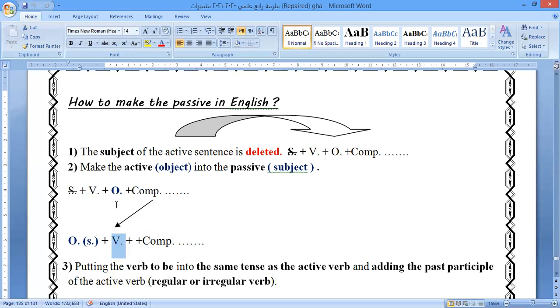I will need an auxiliary verb and what follows it according to the tense of the sentence. Of course, the verb will also be in the past participle form, and then the complement for the sentence.